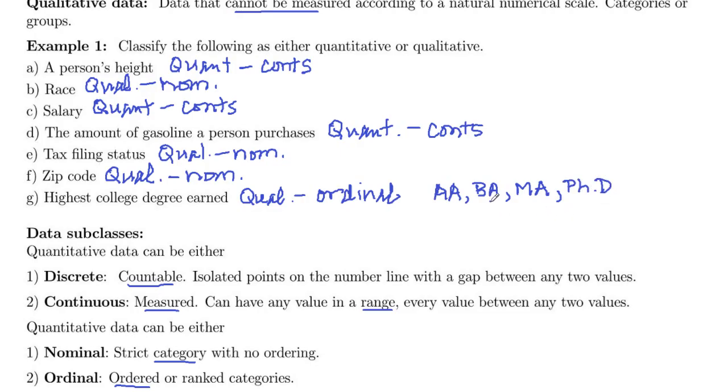Granted there's BS, but BS is essentially equivalent to a BA. And then Associate in Science, AS, and MS, and PhD. There's also JD, Juris Doctorate, so doctorate in law, but it's still a doctorate here. So an associate's degree is less than a bachelor's, is less than a master's, less than a PhD. So those have a natural ranking.